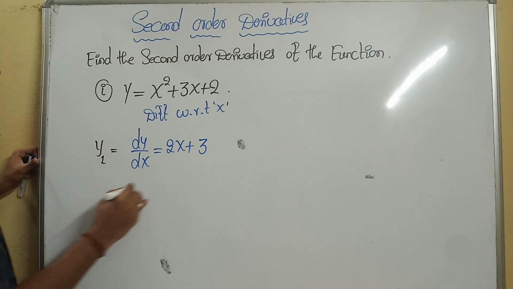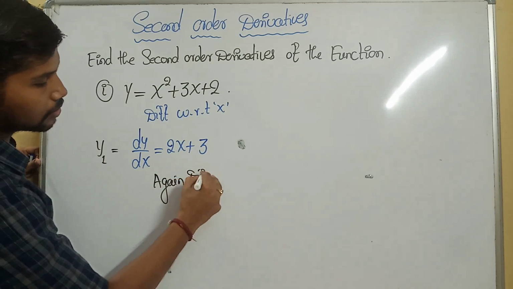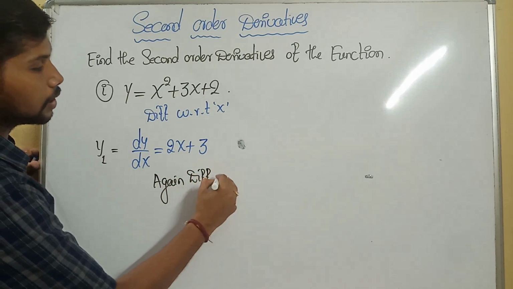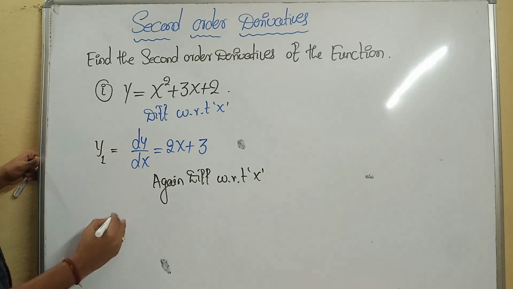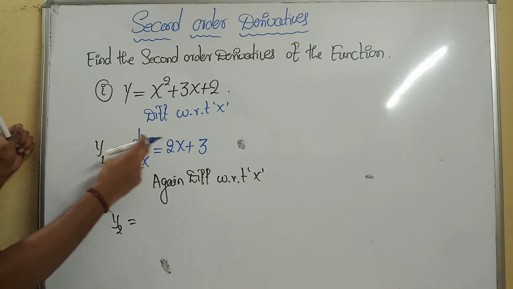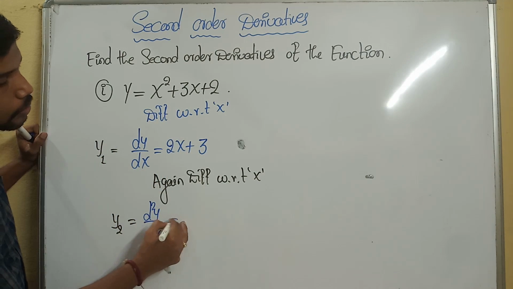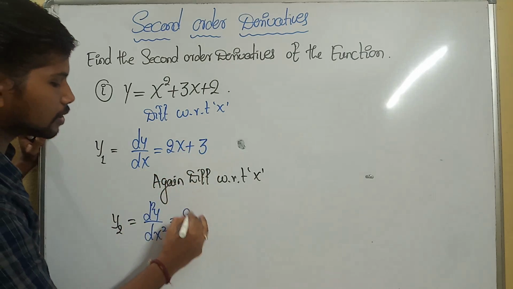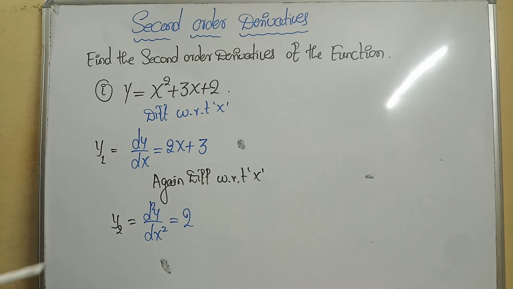After that, I need the second order derivative, so differentiating again with respect to x, y1 with respect to x will be y2. The derivative of dy by dx will be d square y by dx square. The derivative of 2x with respect to x is 2, as x with respect to x is 1. The derivative of 3 will be 0. We got the double derivative of the given function as 2.